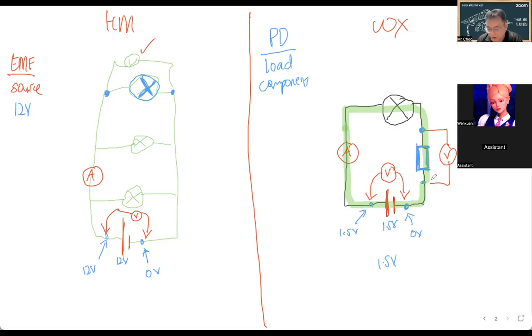So a voltmeter should have a high resistance, whereas an ammeter should have a very low resistance.